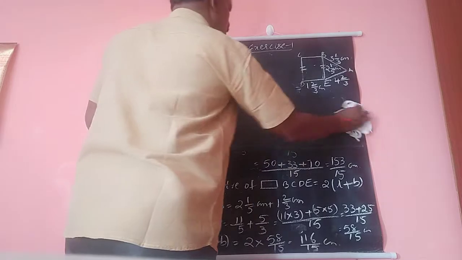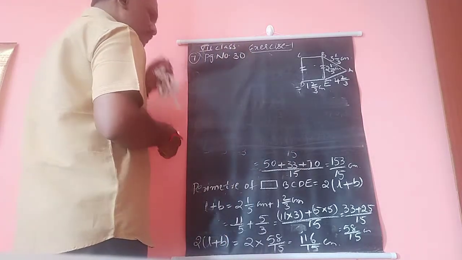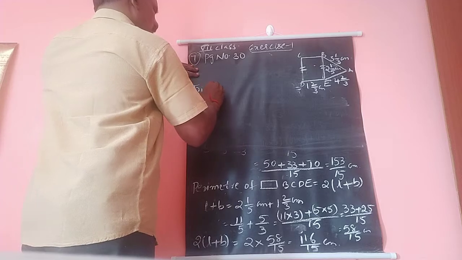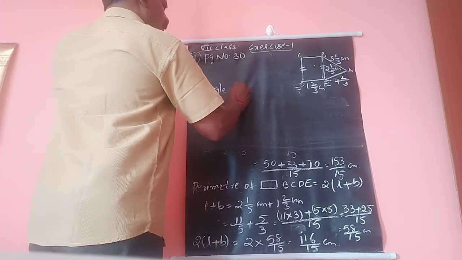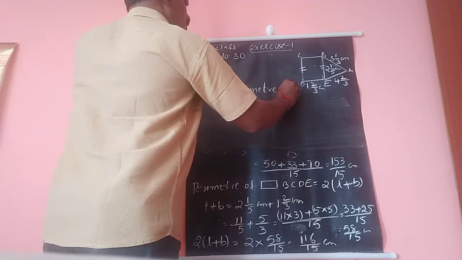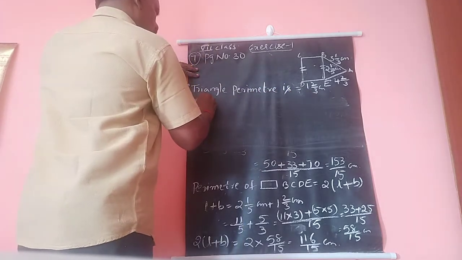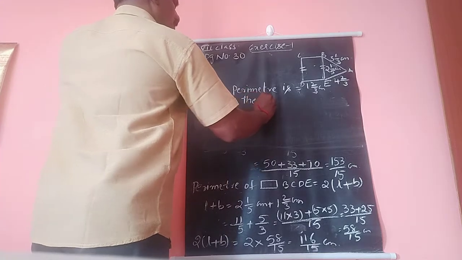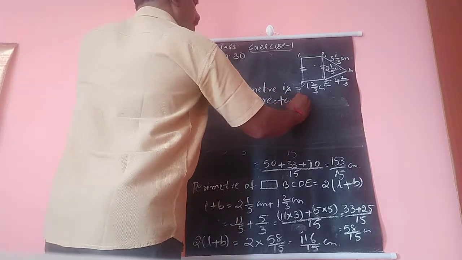Now, whose perimeter is more? Triangle. So the triangle perimeter is more than the rectangle perimeter.